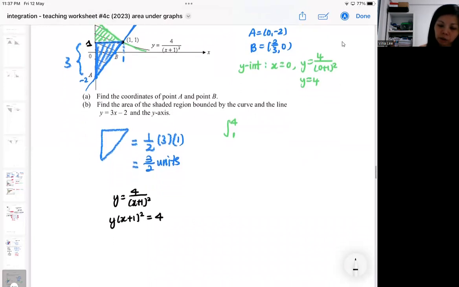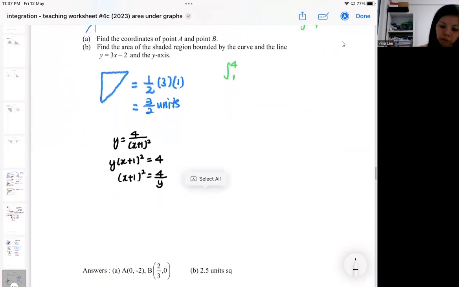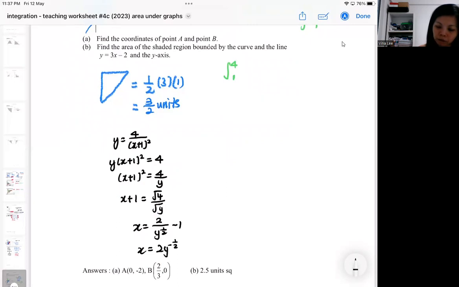Remember your job is to make x the subject. Then you take square roots. Then you bring the 1 over. So all in all, if you try making x the subject, this is what you will have gotten.